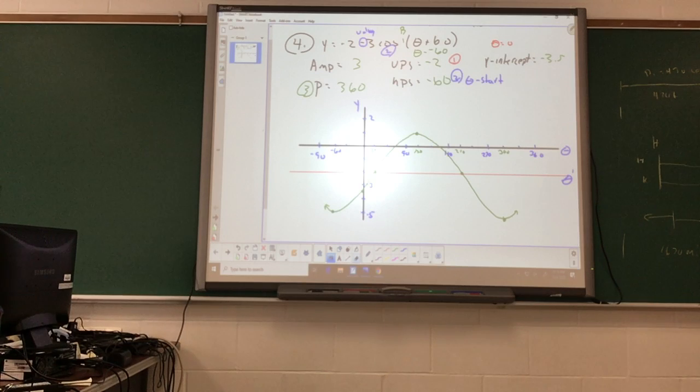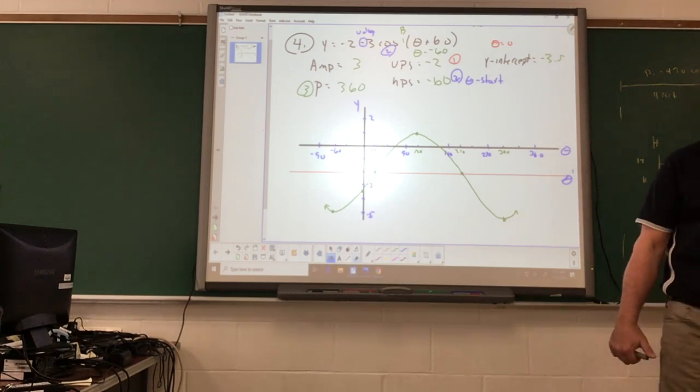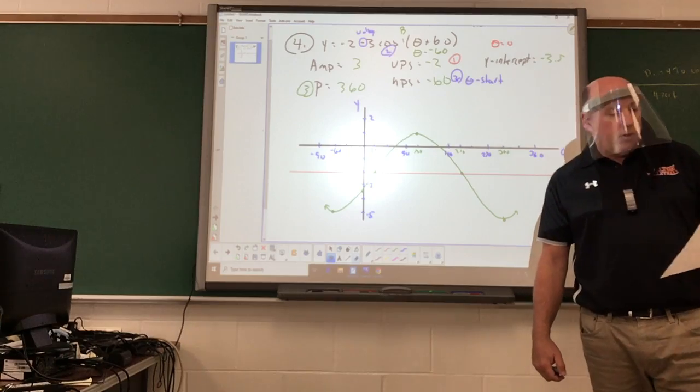All right, on the back, page problem 5 and 6. Now putting the process in reverse.